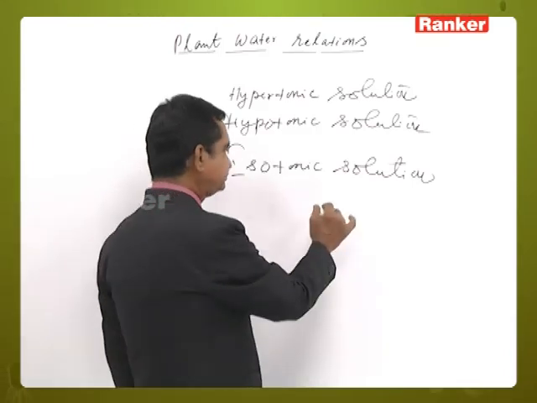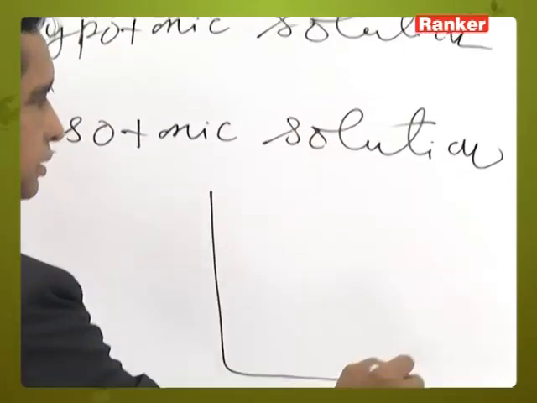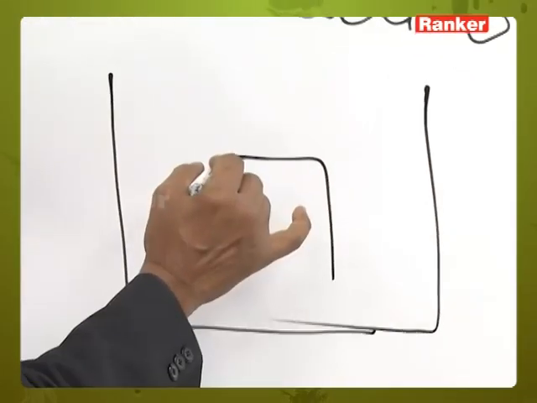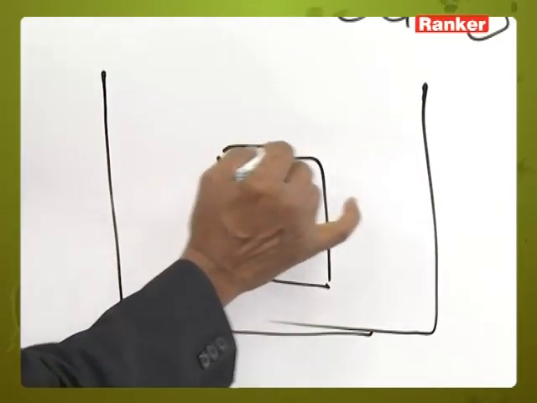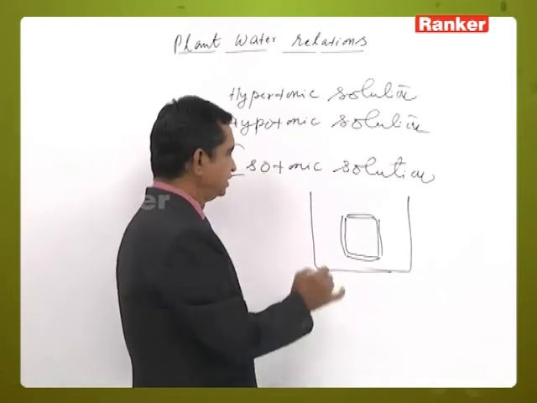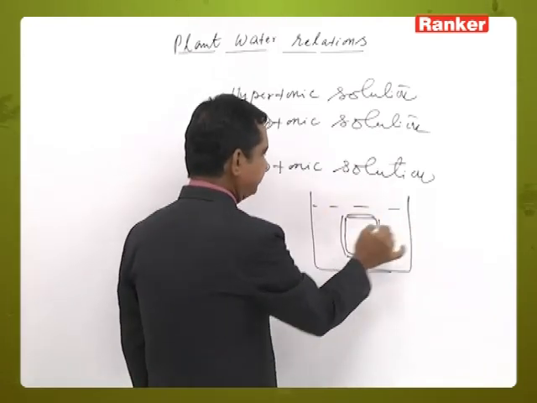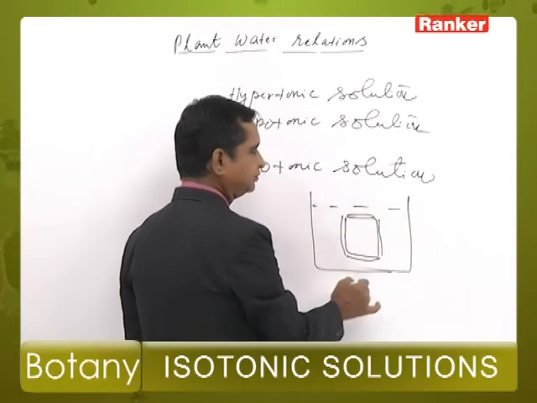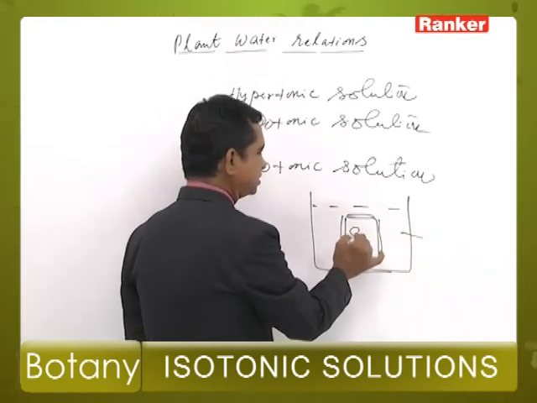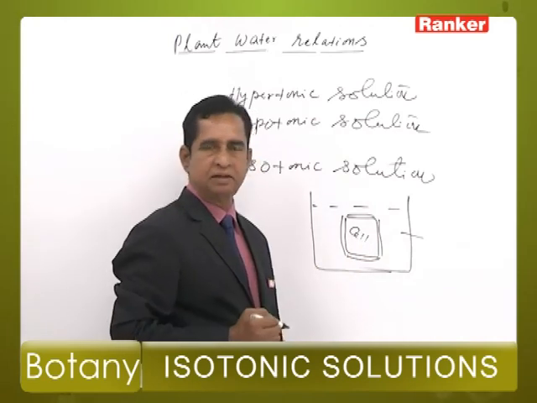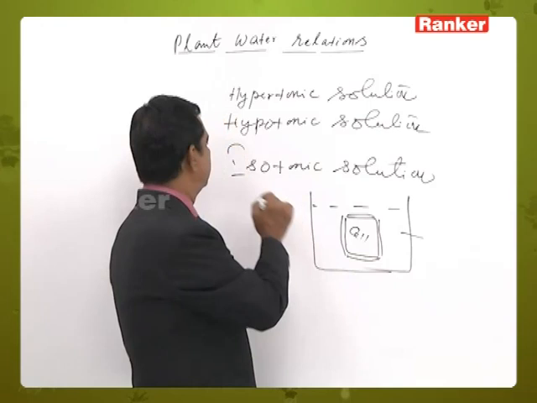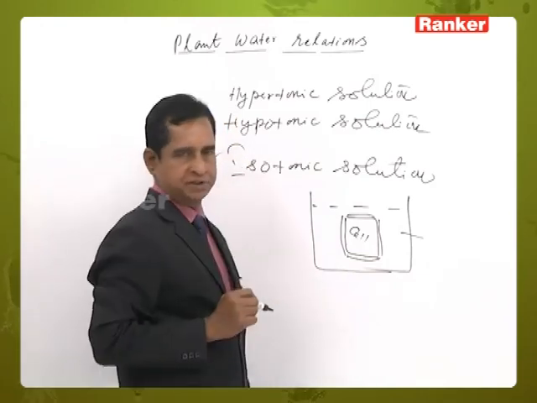If a cell is placed in a solution, if the concentrations of the container and the concentration of the cell are equal, we call it isotonic solution.